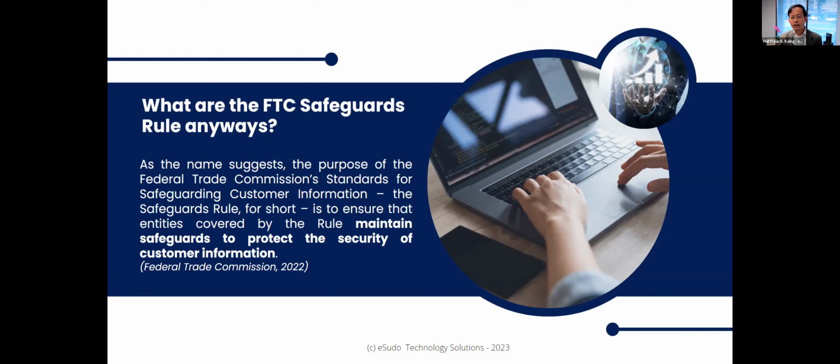Customer information means any record containing non-public data or information about a customer of a financial institution, whether on paper or in any electronic form, that's handled and maintained by you and your affiliates.